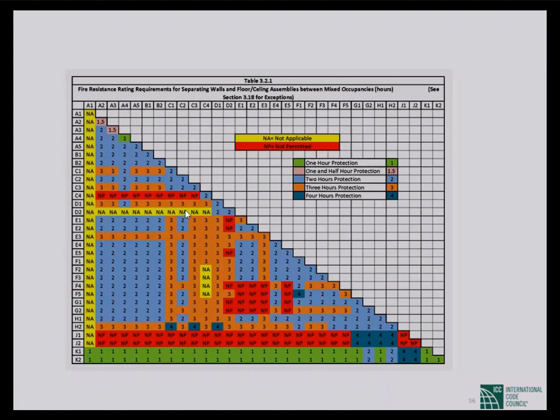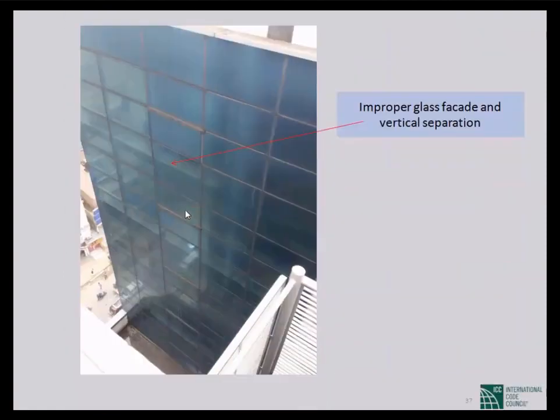Now I would like to show something about the detached distance. This is one example, not directly a proper example. You know the FR tower which burned in Banani. Fire very quickly moved from one floor to another. That is due to the improper separation that I am showing with the arrow.